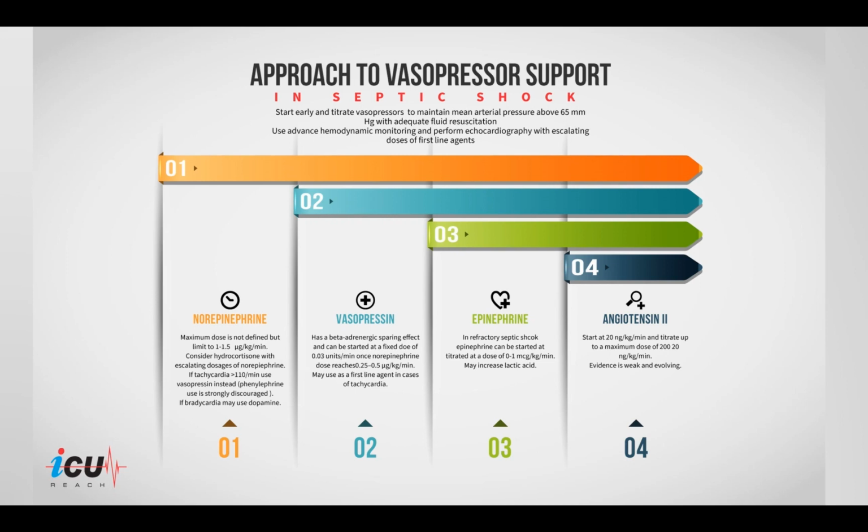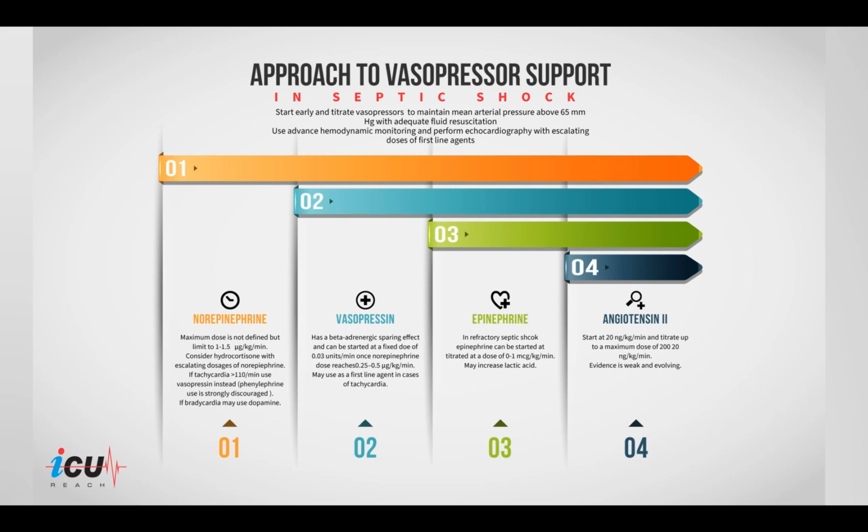If the patient is tachycardic, then vasopressin instead. We discourage the use of phenylephrine because of the increased mortality that was observed during the shortage of norepinephrine. At that time, phenylephrine was used in septic shock. If a patient is bradycardic, we use dopamine as a first agent.